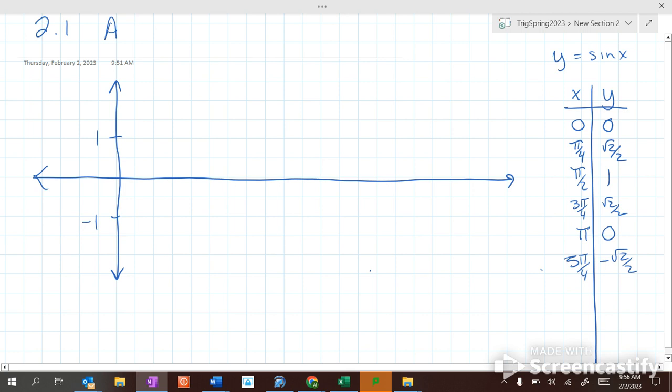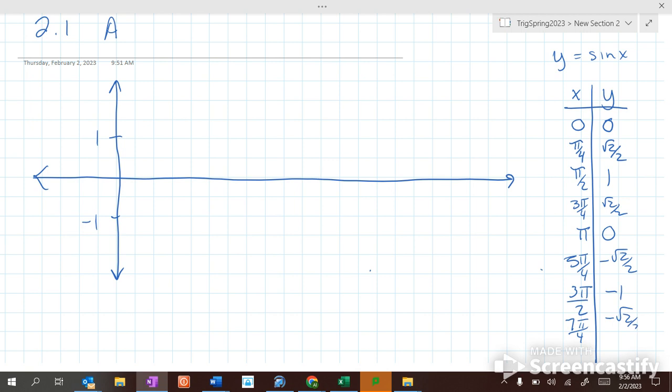We'll see in a second. Just indulge me. What about 3 pi over 2 radians? Negative 1. And 7 pi over 4 radians. Negative square root of 2 over 2.